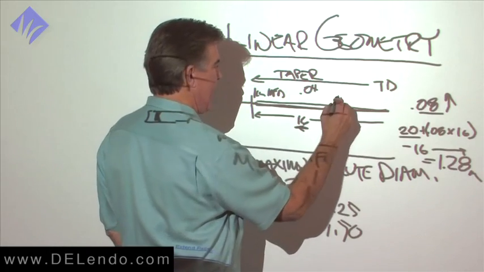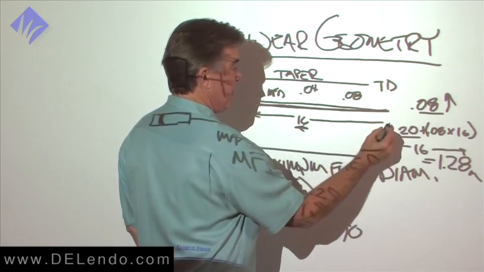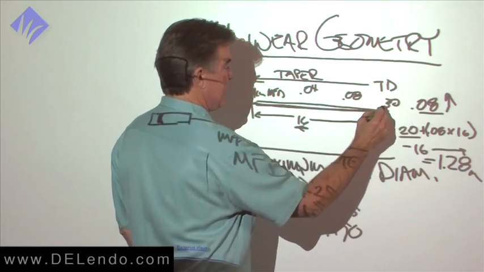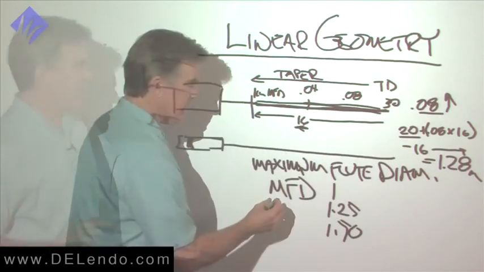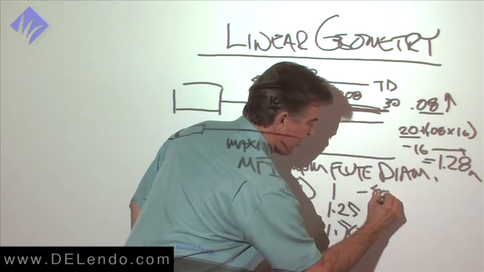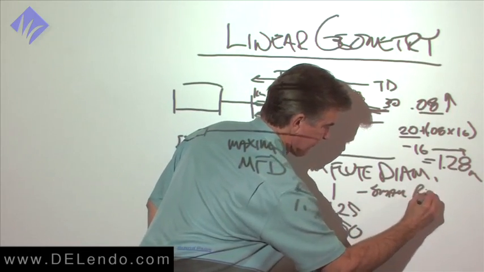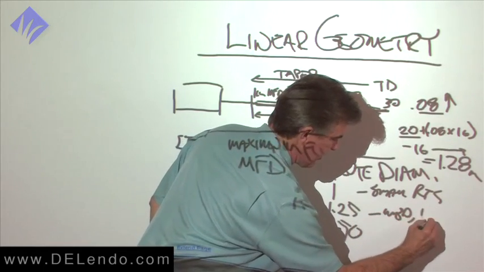If we have an 08 taper and we start, say, with a 30, it's going to be much shorter, and it's going to be less than 16 millimeters. In the GT and GTX systems, this is for small roots. This is for medium roots, medium and large.